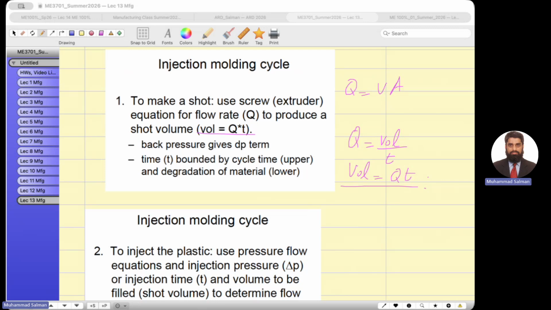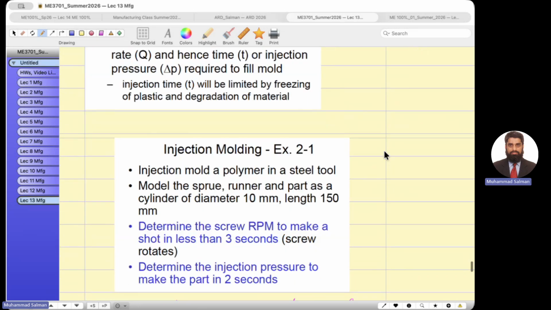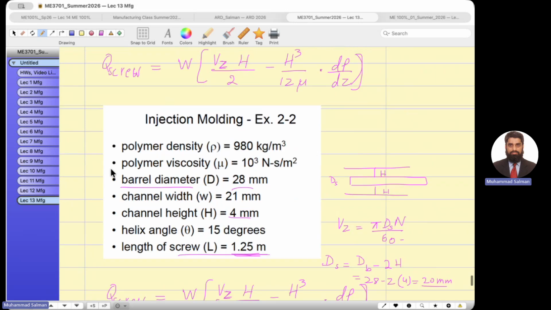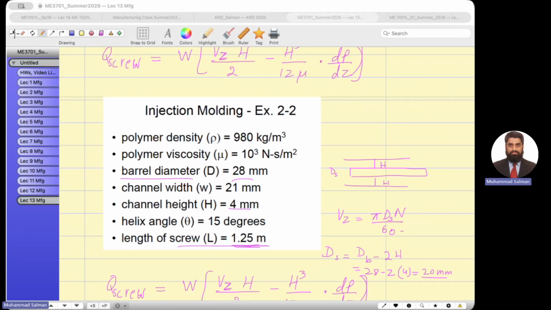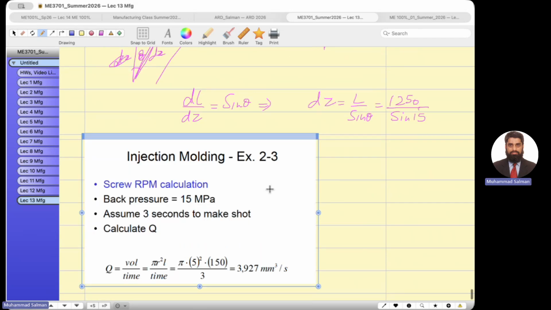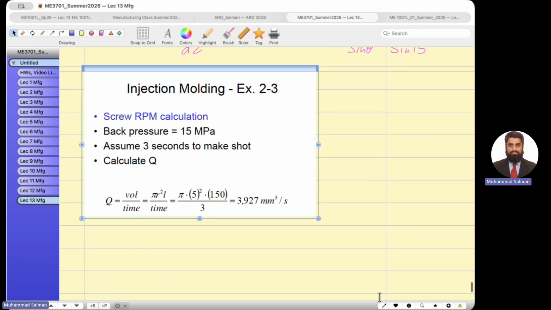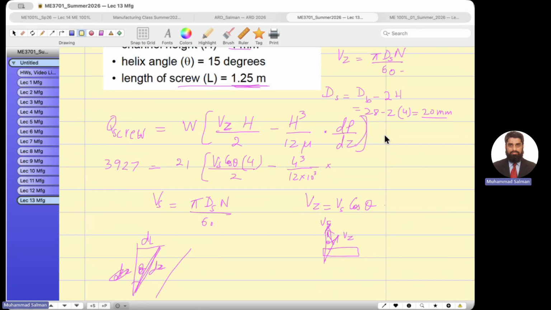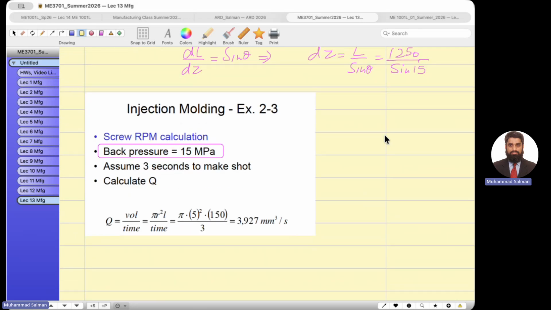Yes, if you look closely here, did I show you this slide? No, I did not show you this slide. I have to show you this slide. In this slide, what is given? The back pressure. The back pressure has been given rather than calculating it from the die. The back pressure in the screw, dp, is 15 megapascal.